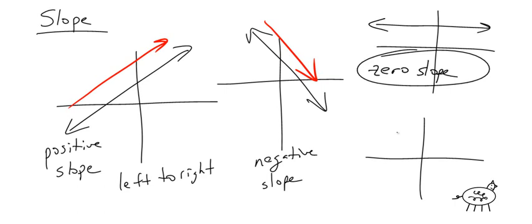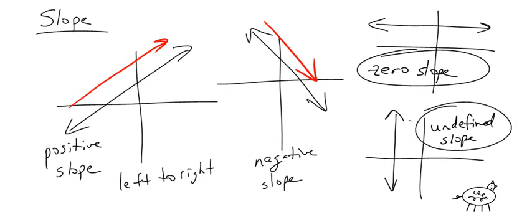And then the last one is this kind of line right here. This is called an undefined slope. We'll talk a little bit more about that when we actually do a calculation, but an undefined slope is basically a vertical line, and a zero slope is a horizontal line.